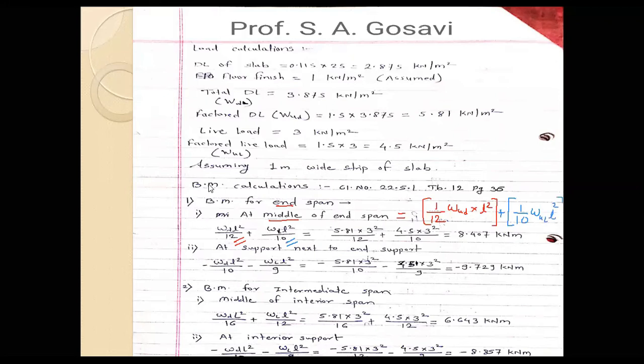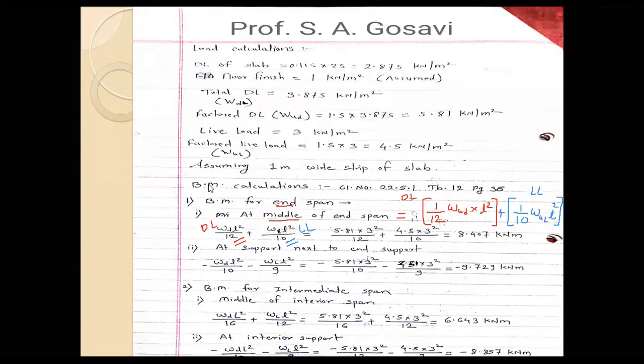What I have indicated in blue is for live load, and what I have indicated in red is for dead load. I hope you understood. Is it clear? Please give me the reply. Yes or no?